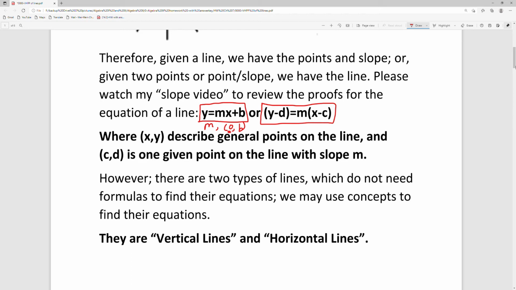Then another situation is if you have a slope and 1 point, we call it CD. There's also 1 point and a slope. So we call this point-slope form. And this one we call slope-intercept.